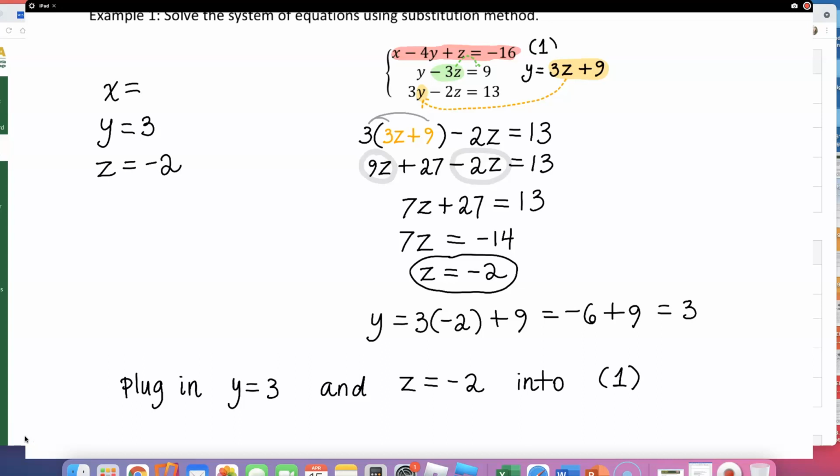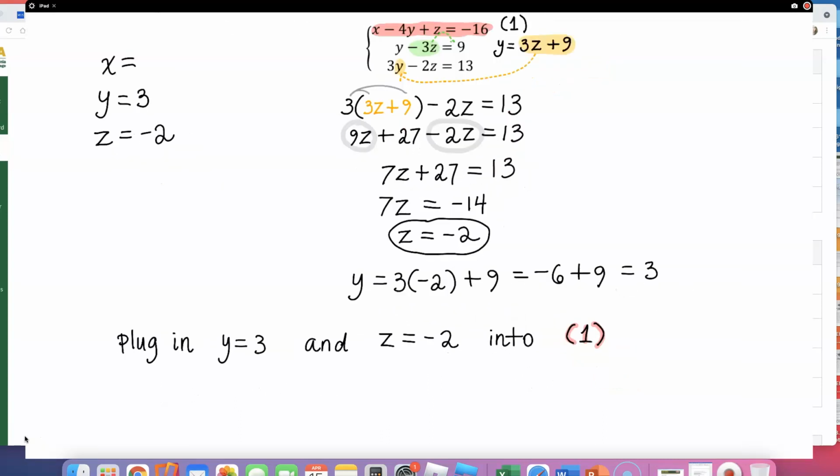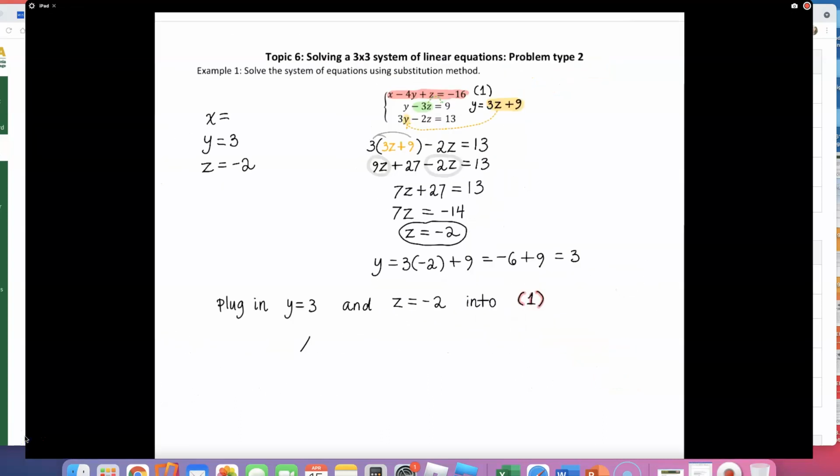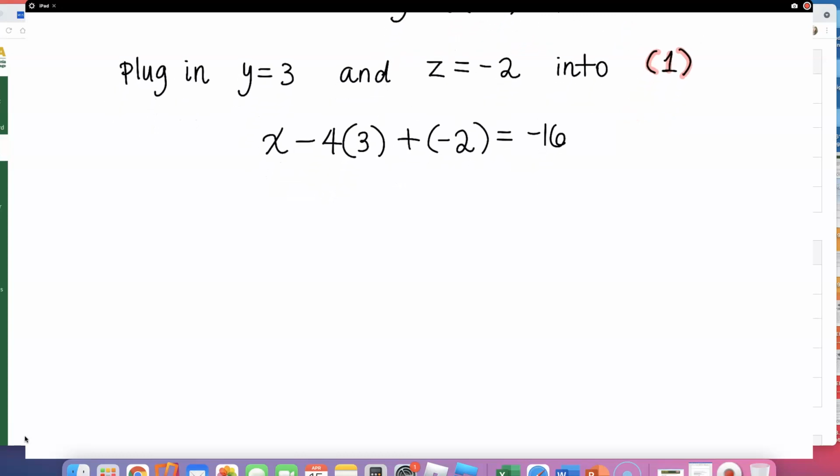That's what I mean by equation number 1, the one in red, that first equation on top. So let's do the substitution then. I will get x minus 4 times 3 plus negative 2 equals negative 16.